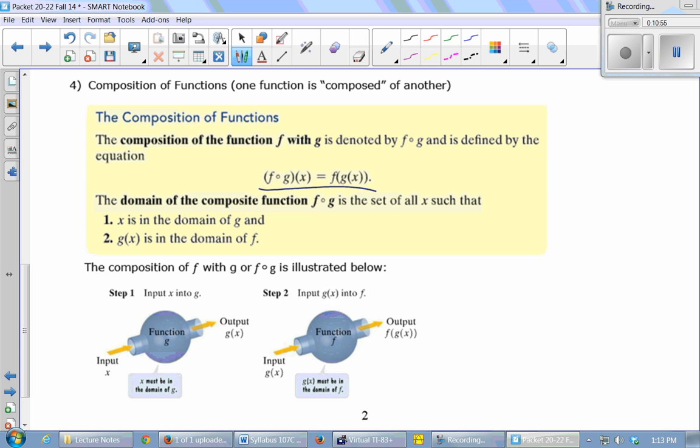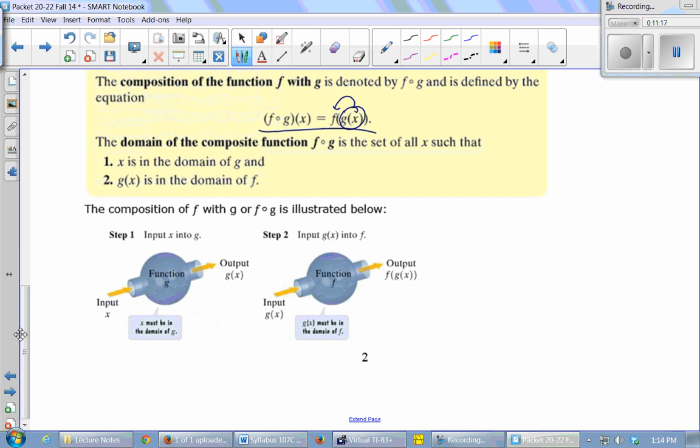It's much clearer about what it means. The domain of the composite function is the set of all x's such that x is in the domain of g, because you work from the inside out. You have to be able to put x into g, and then put g of x into f. So you have to consider both functions. We'll do an example right now.